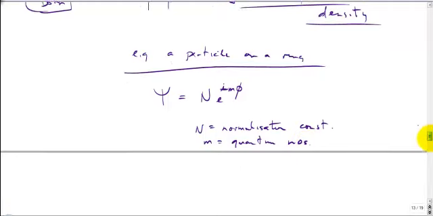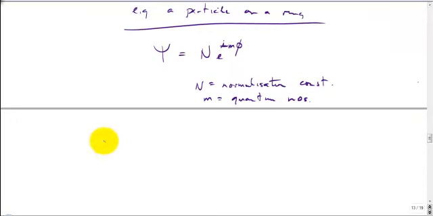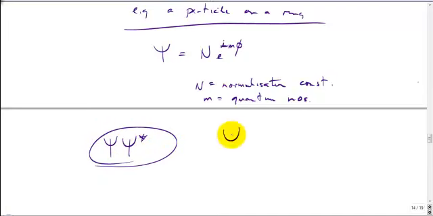So to work out the probability for that, we said that you need to multiply psi by its complex conjugate, psi star. So that will give you the probability density. So this is psi here, then the complex conjugate of that is N e to the minus i m phi.